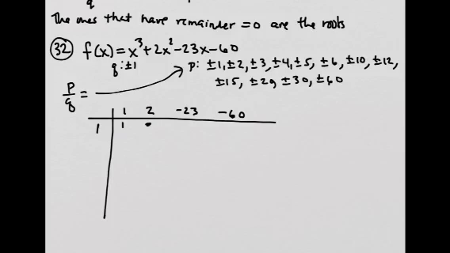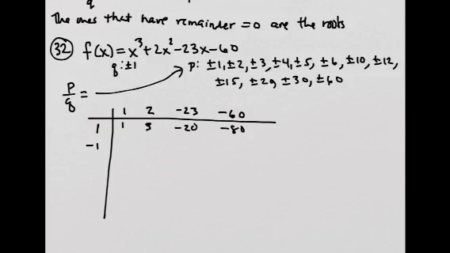And you put that answer right here. Then 3 times 1, and again it's this 3 times this 1. So 3 times 1 is 3, and then again in your head you subtract 23 from it, so that gives you negative 20. Then negative 20 times 1 is negative 20. You're going to add in your head, you're going to combine it with negative 60, so that's going to be negative 80, so no way.